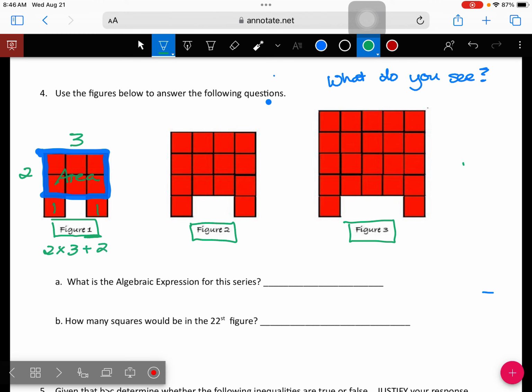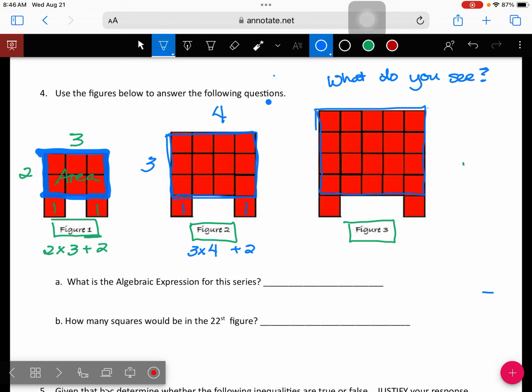Okay, figure 2. What do you see for the rectangle? A 3 by 4 and 2. A 3 by 4 plus 2. What do you see in figure 3?